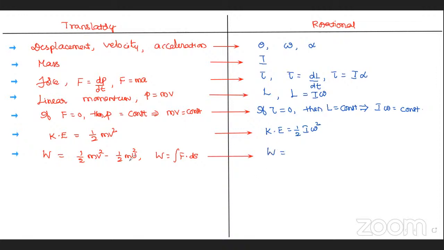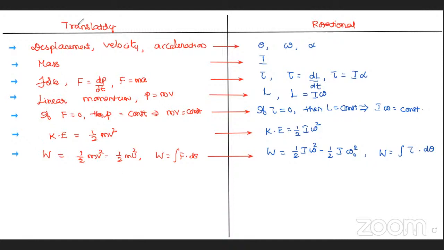W is equal to half I omega square minus half I omega naught square, with initial angular velocity omega naught. W is equal to integral tau d theta, torque analogous to force and angular displacement analogous to displacement.